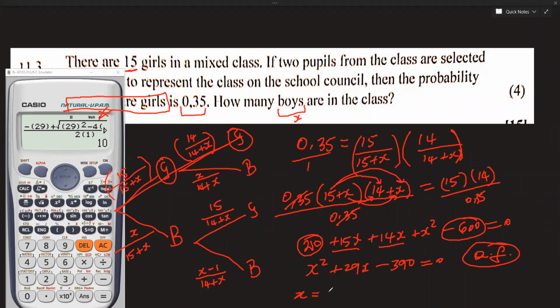So x equals 10 or x equals, let's see. So we need to get the negative sign there and see what we get. So negative 39. But this is not true because x is the number of people. Therefore, there are 10 boys. And that's finito with this question.